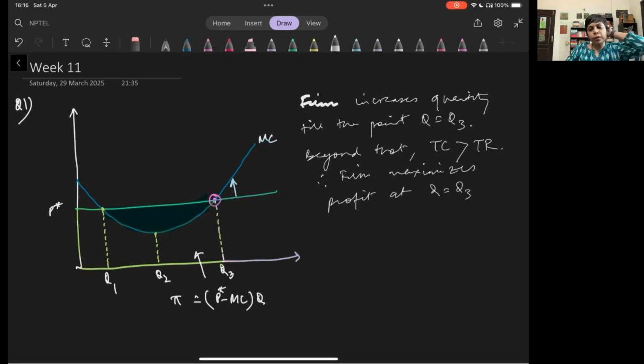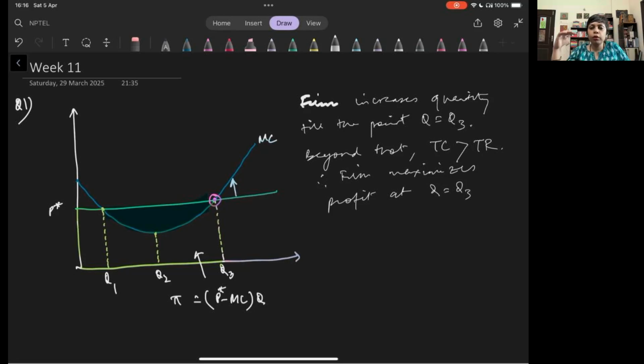Now, if I were to explain this using calculus, what I would say is that when you solve a problem like this, you will get two values of Q for which the first order condition will be 0, right?